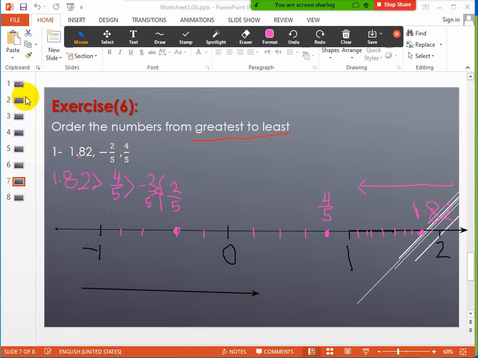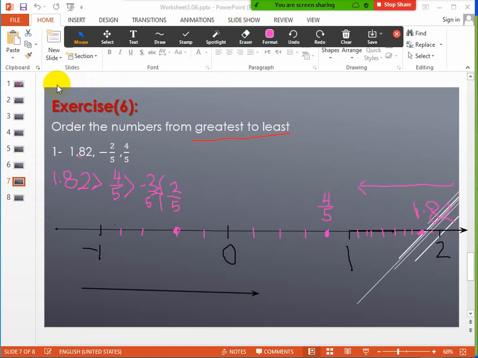If you miss anything, please type in the chat. If you miss any exercise. Okay, now did you finish this one? No, you didn't. You didn't finish, Tolene? Please write the answer quickly. Okay, you finish.